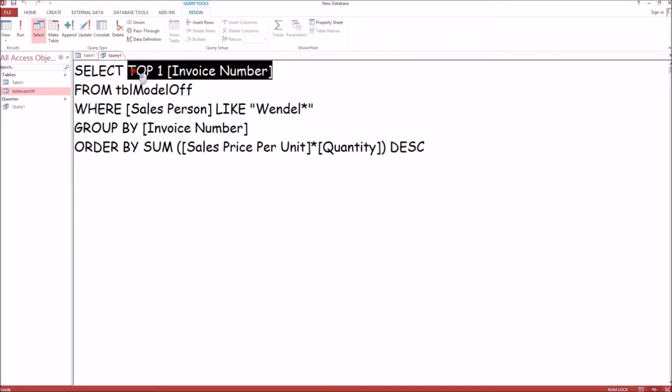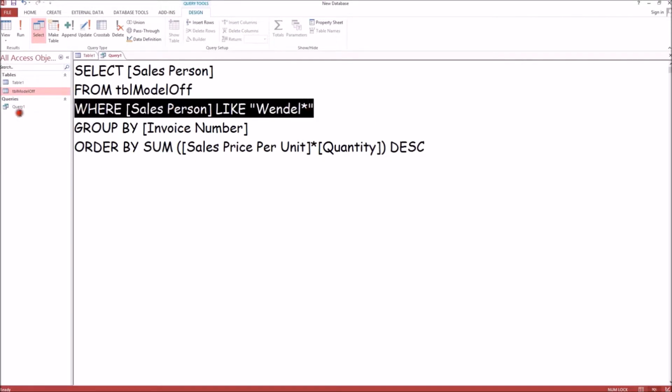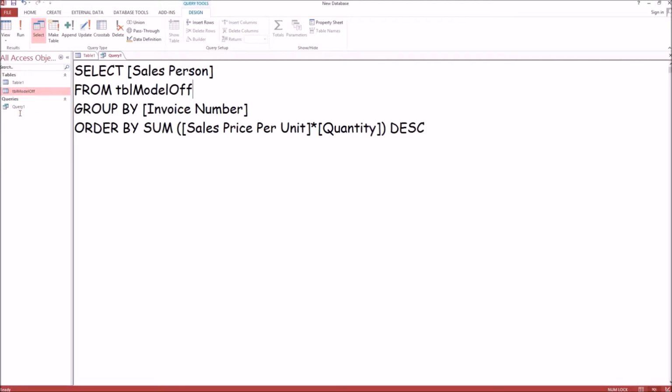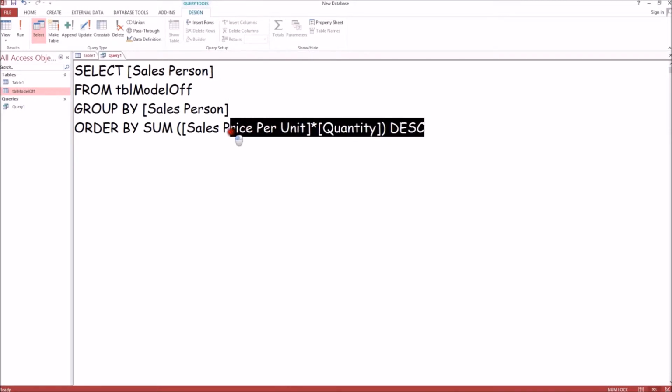So we need to select the name of a salesperson from our table, and group by our salesperson. But instead of sorting by sum of sales, we need to sort by sum of discount given.